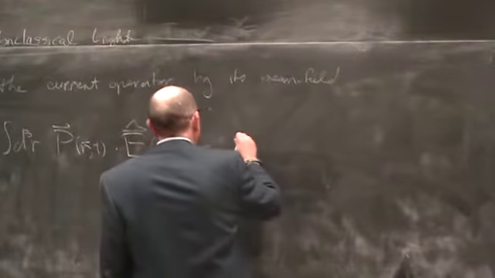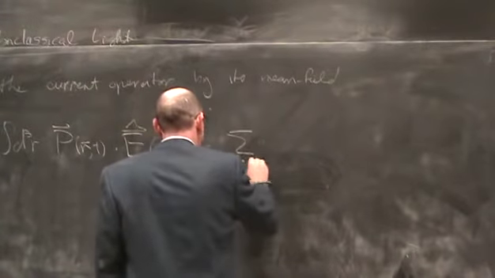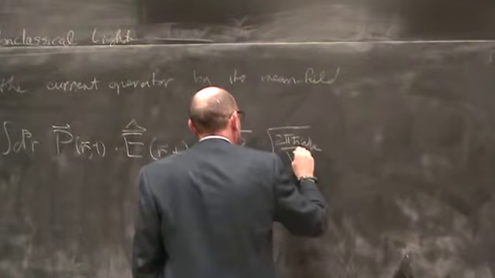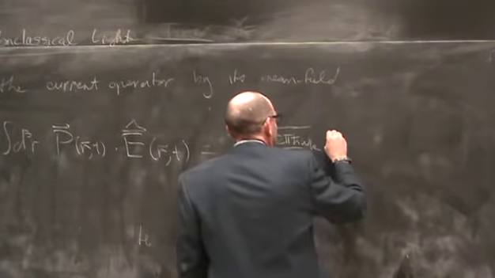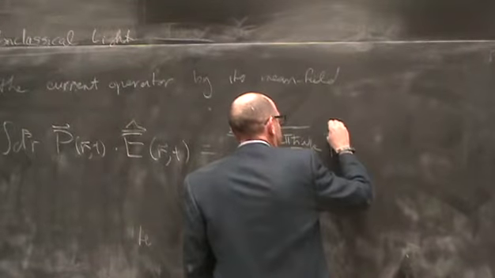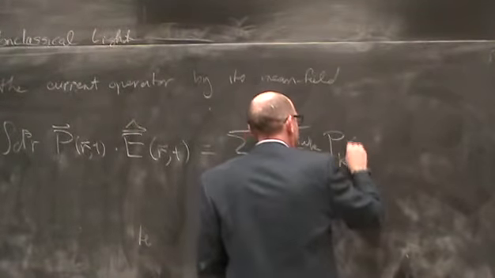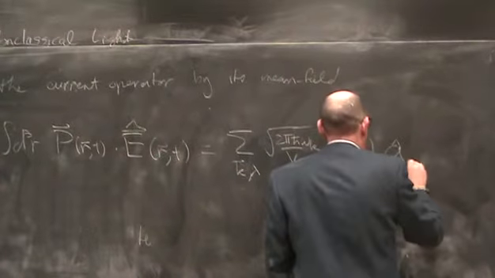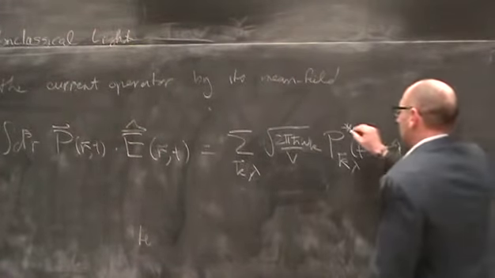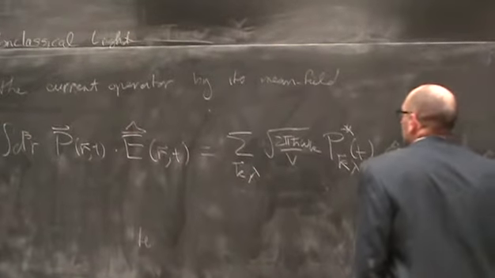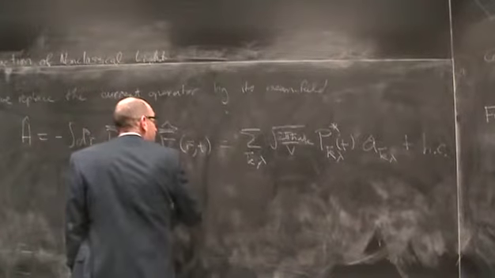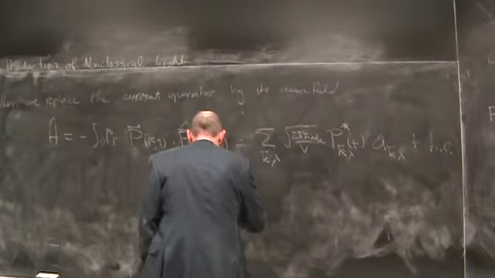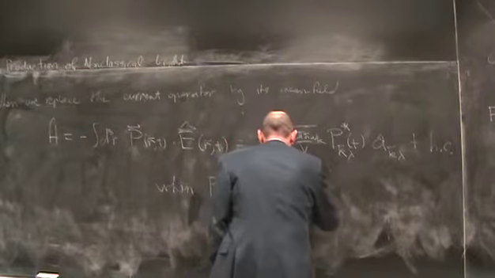It becomes the sum over all the modes, square root of some p, called p sub k star of t, lambda a, plus the Hermitian conjugate, where this is just the Fourier transform of whatever the classical current is doing.